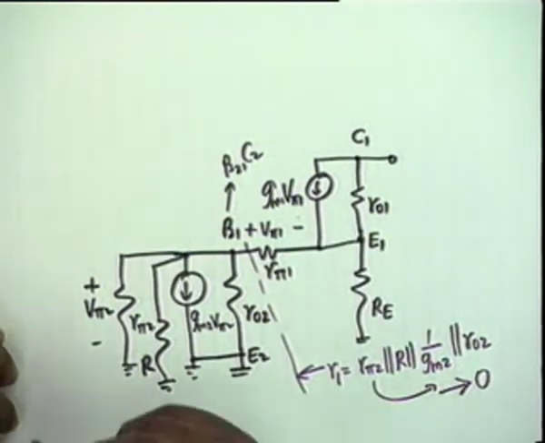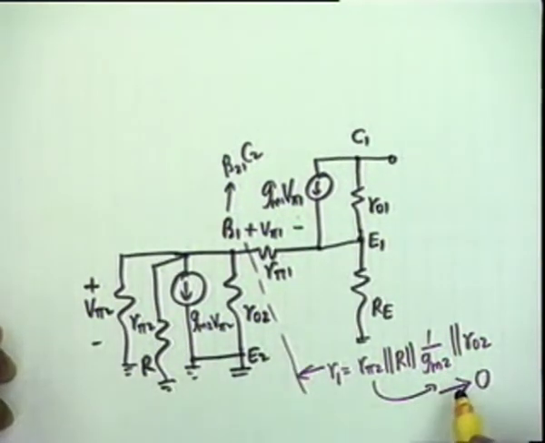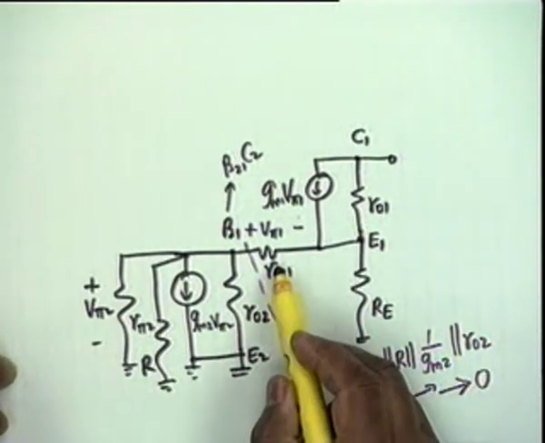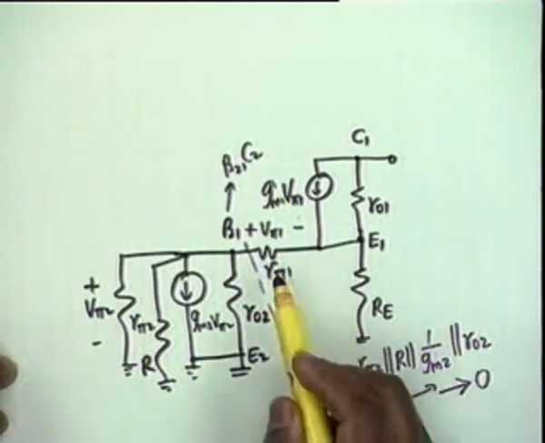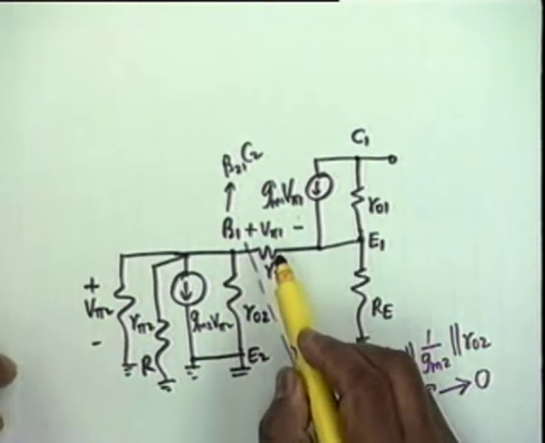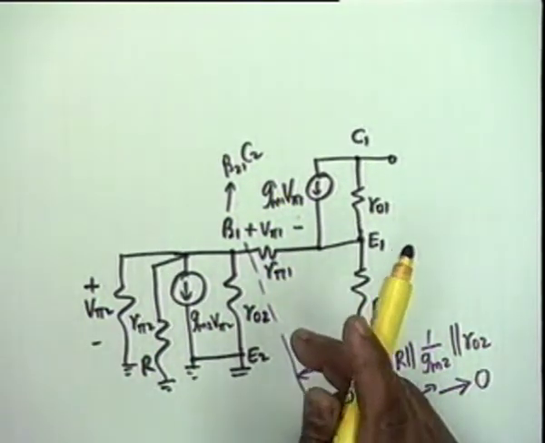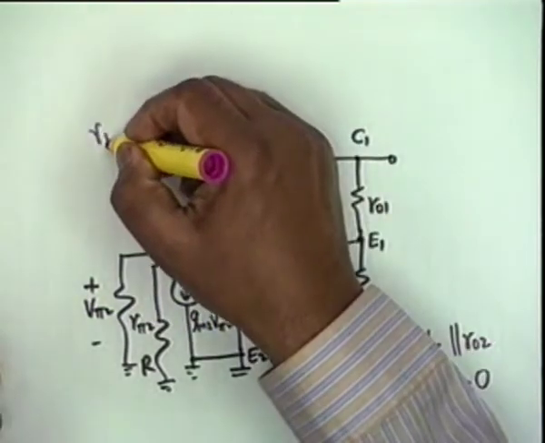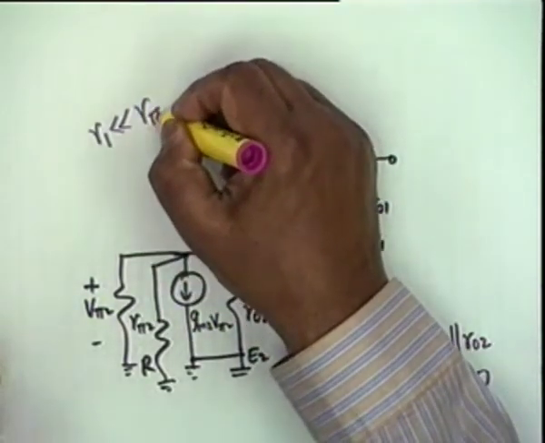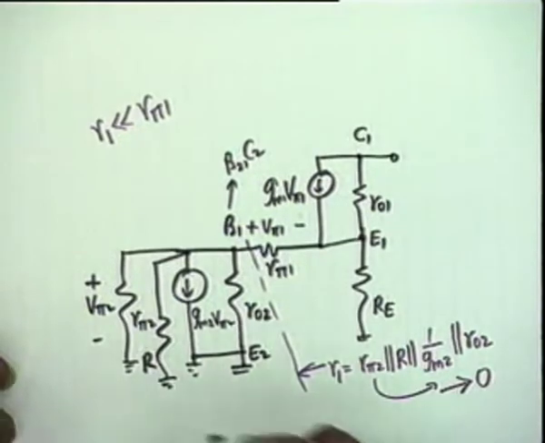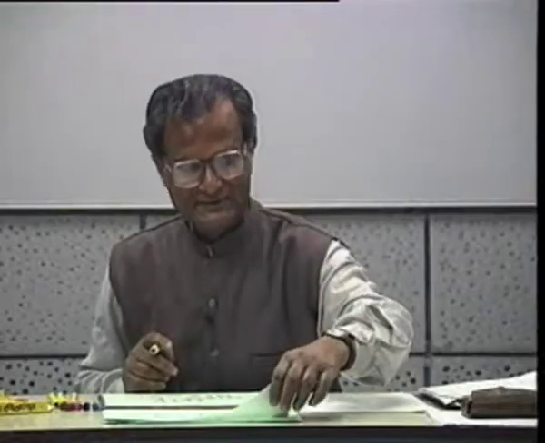The other reason is, suppose, where does R1 connect to? R1 comes in series with R pi 1, isn't it right? Now if R1 was comparable with R pi 1, obviously we could not ignore it, but can we show that R1 is much less than R pi 1? Let's look at this circuit.